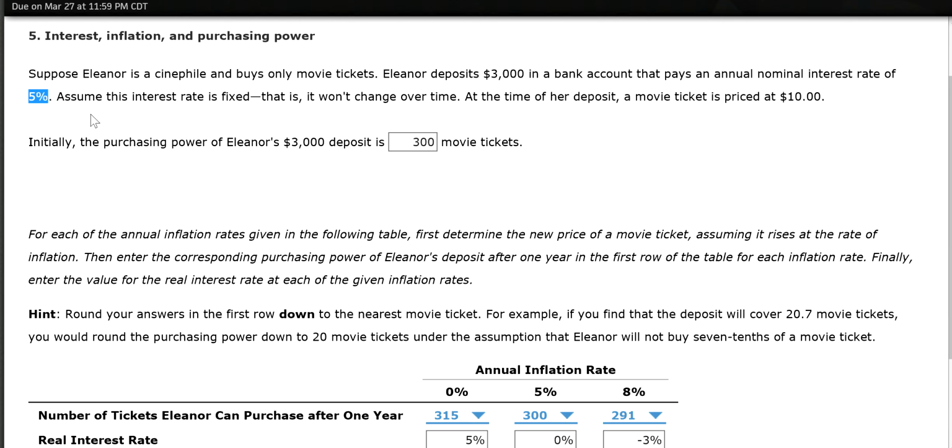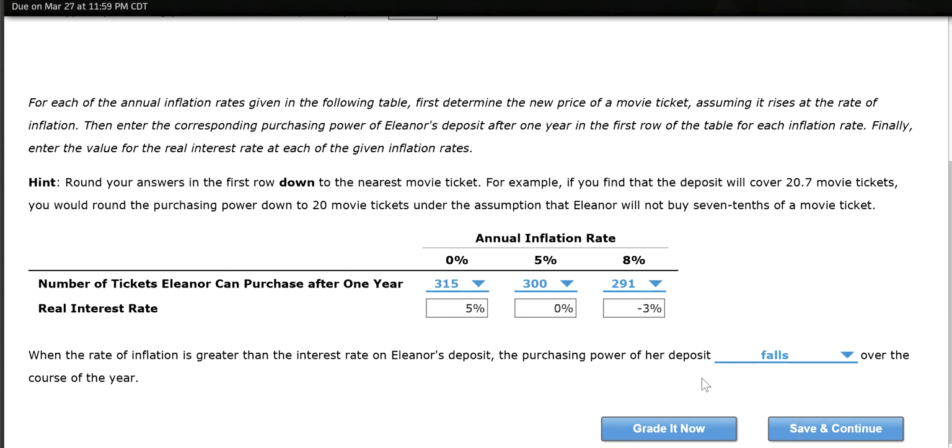So her savings are increasing at a 5% rate, but the price of the stuff she buys is increasing at an 8% rate. So the price is increasing faster, therefore she's losing some purchasing power, because initially she could buy 300 tickets, but now with this 8% rate, she can only buy 291 tickets. So how much she can buy is decreasing. So this would be false over the course of the year.